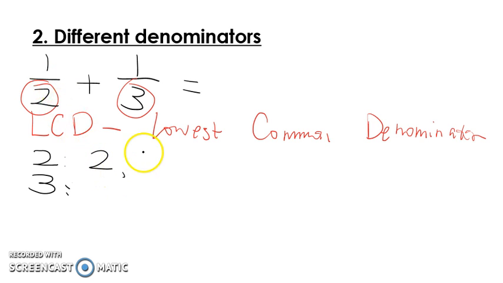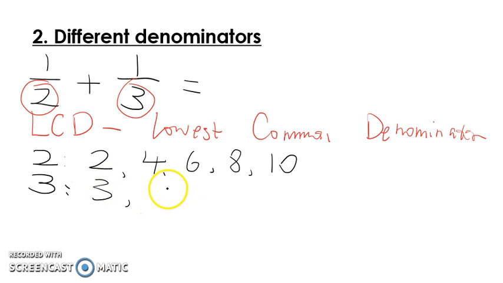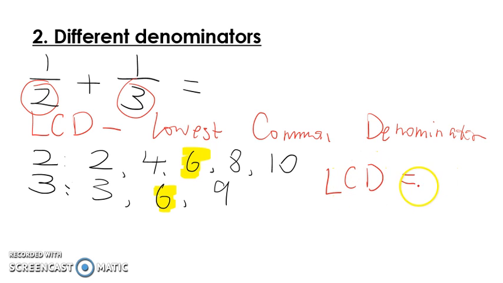So 2, 4, 6, 8, 10 will be the first 5 multiples, and 3, 6, and 9, we can pretty much stop here because we find 6 is the lowest common denominator. It would be a good idea to write it down to show me that you know it. By writing this down, you will earn 1 mark.